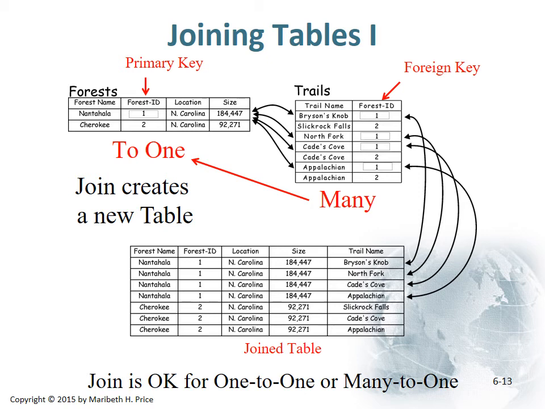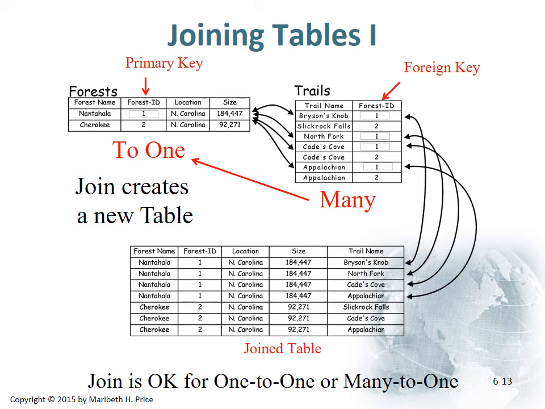So when we join these things together, we literally are pulling in the trails information and adding it and creating a new table that's comprised of all the information from forests and trails. So this is an example of a joined table on the bottom where the information from the forests table, which is the Nantahala and Cherokee forests located in North Carolina, and the sizes of them, think of that maybe as square miles, 184,000 square miles, 92,000 square miles. It could be acres, doesn't really matter what that is.